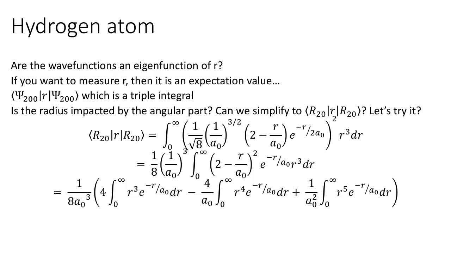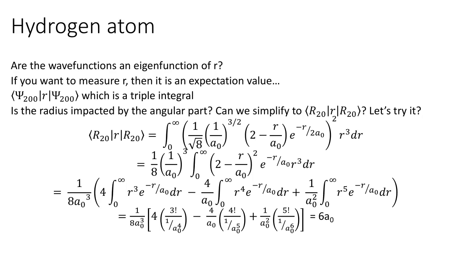Each one of these integrals is in a form that we can find in our table of integrals, I think on page 11 in our text, but you can also find them in other places. These are 3 factorial over 1 over a0 to the fourth on the first one, and so forth, and you see the three terms that you get. If you multiply those out, almost all of the a0's go away, and we end up with 6 a0.